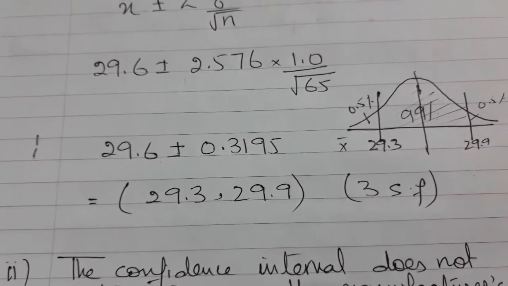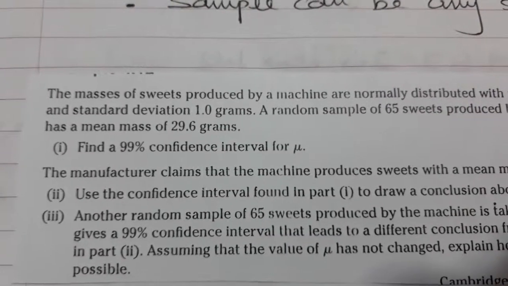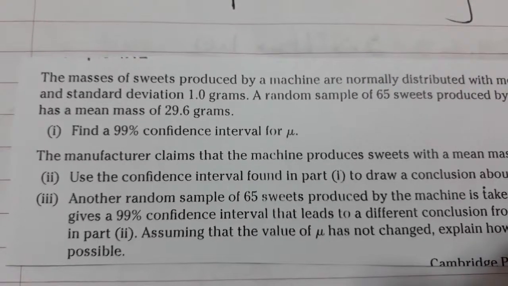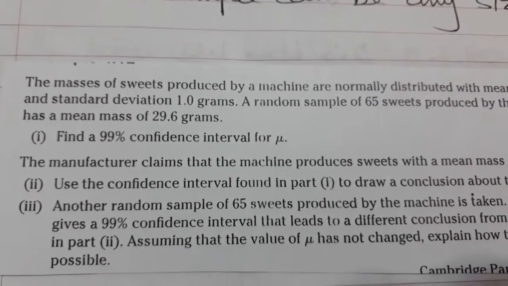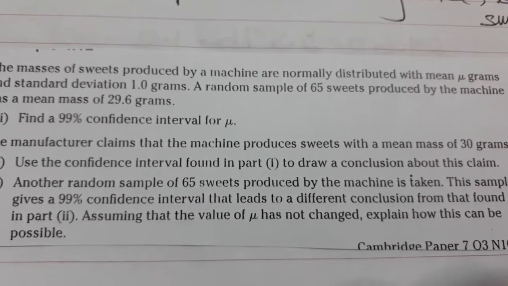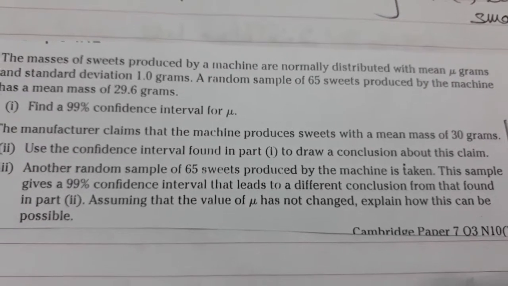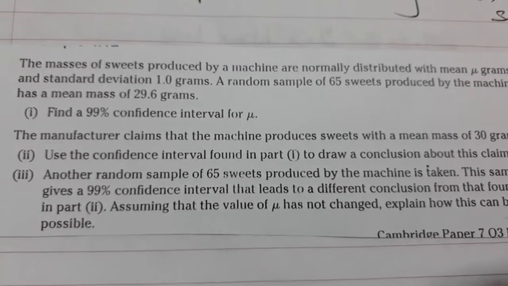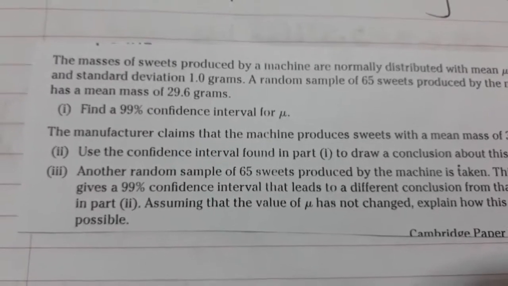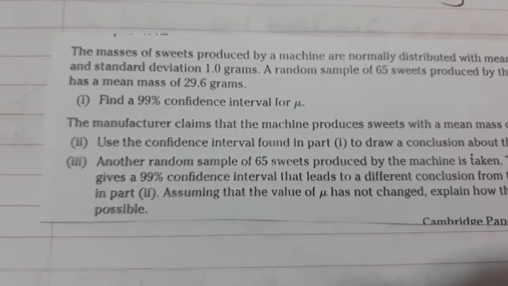Right? Let's see what question 2 was asking now. Okay, so part 2 is saying that the manufacturer claims that the sweets produced have a mean mass of 30 gram. So if you have already found your confidence interval, the answer was 29.3 and 29.9 gram.